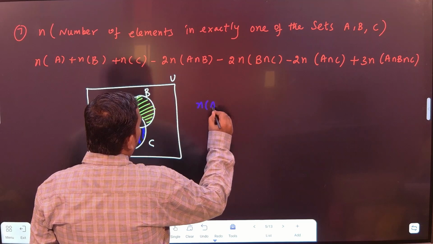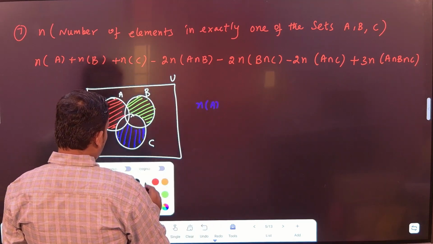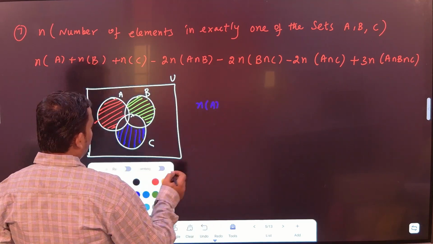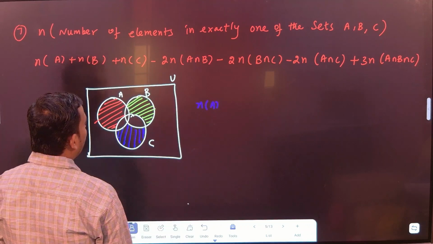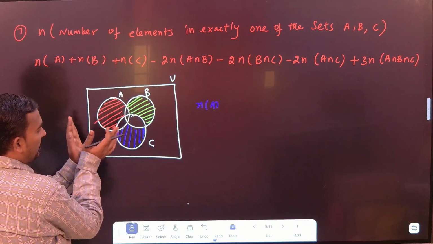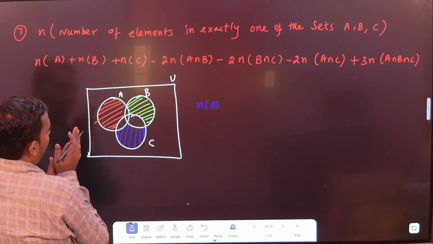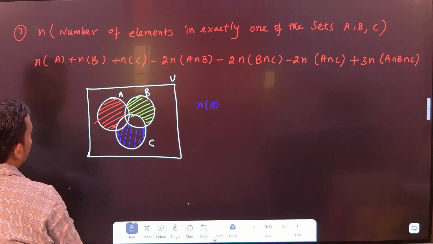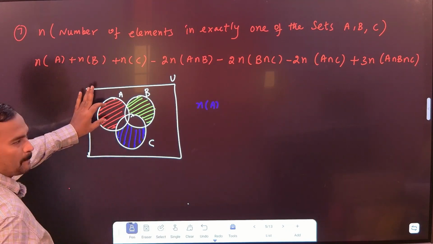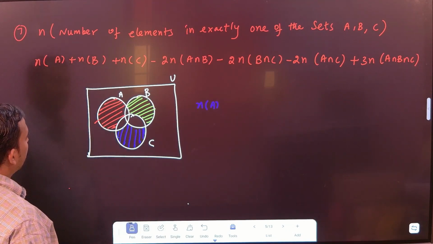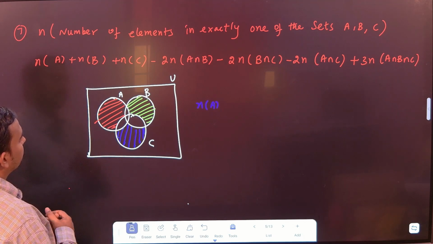So n of A you can take. First I am collecting all the n of A, and then we need the red colors only. Which one do you have to subtract here?